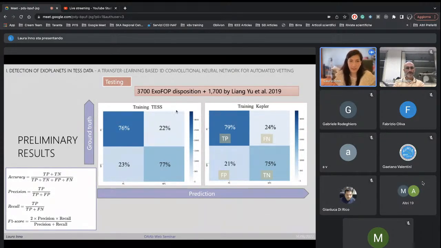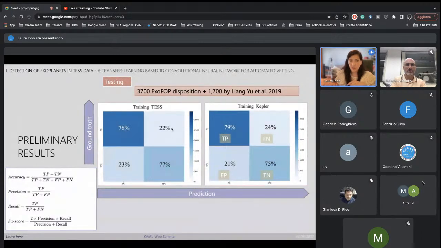When you evaluate the performance, you can use a confusion matrix like the one I show here, in which basically we have the prediction of the net as a function of the ground truth. So here you have true positive, true negative, false negative, and false positive.